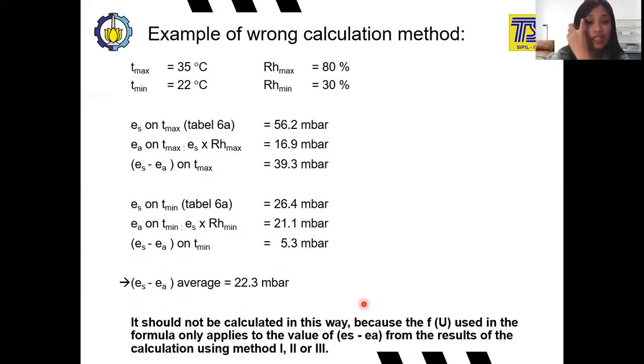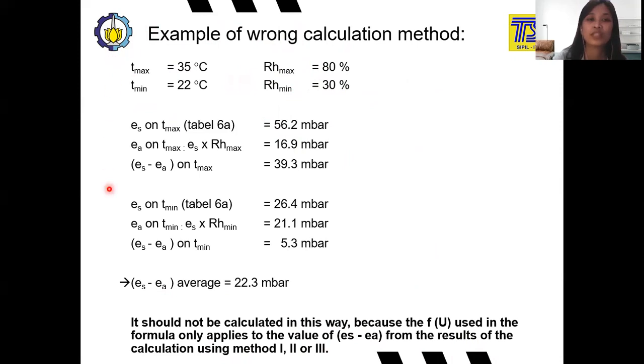It's wrong because the wind function that we will use in the next step of calculation only applies to the value of ES minus EA from the result of the calculation using methods 1 to 3, where we have to average the temperature and the relative humidity first before we start the calculation.